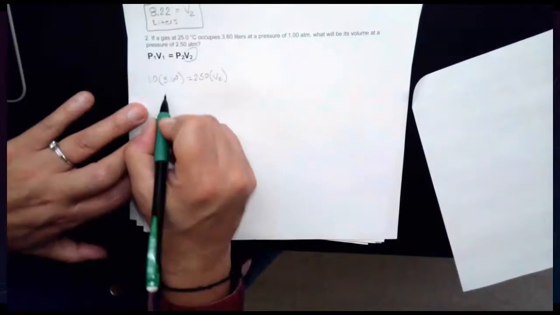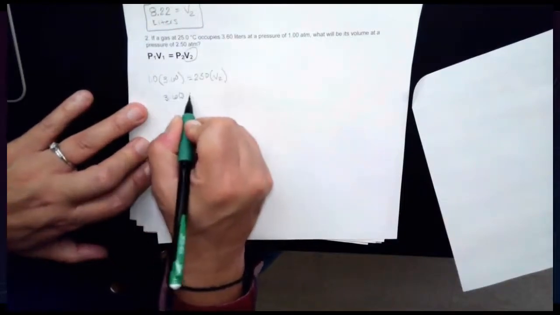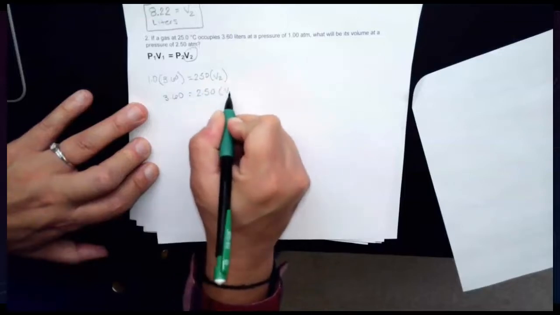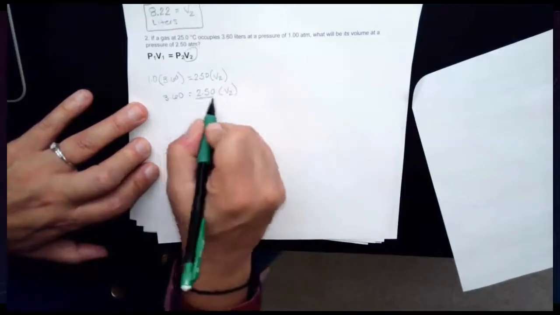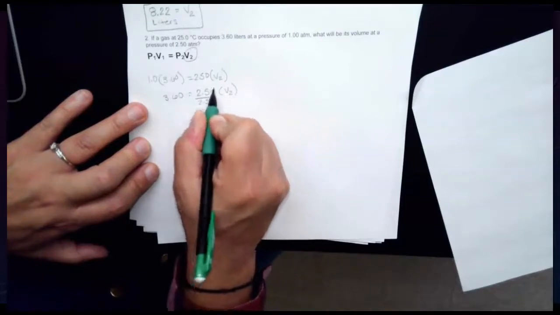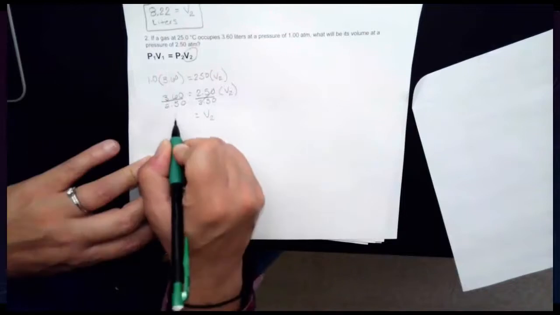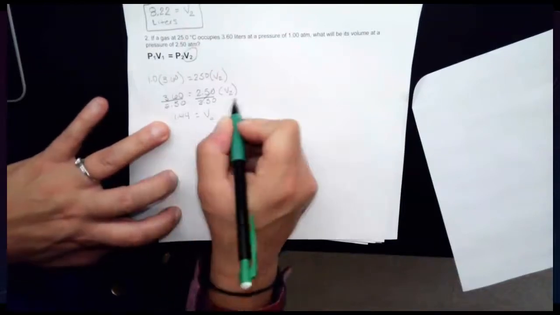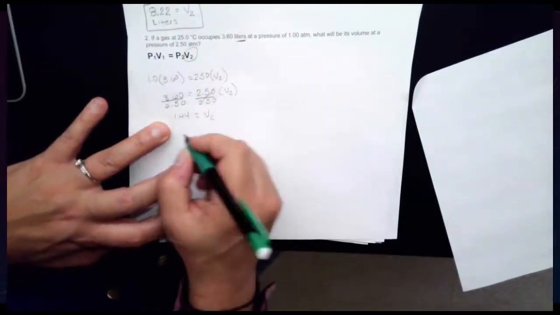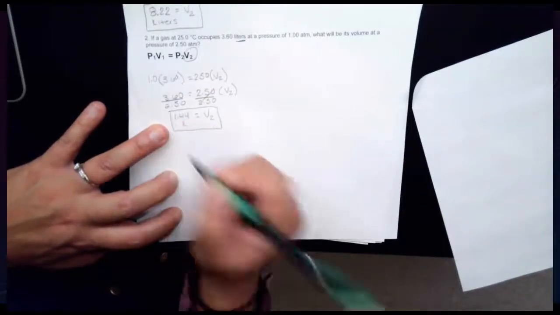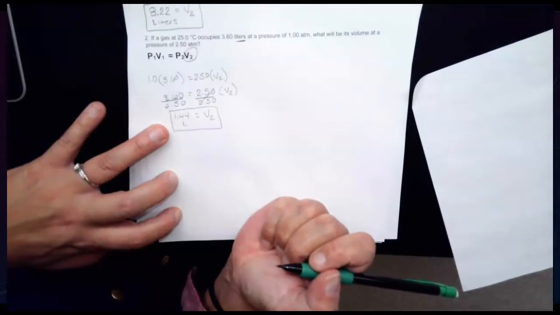So take 1.0 times 3.60, that's going to give you 3.60, equals 2.5 times volume 2, divide by 2.5, and the volume 2 is going to equal 1.44. Volume is being measured in liters, so 1.4 liters is what our final answer is.